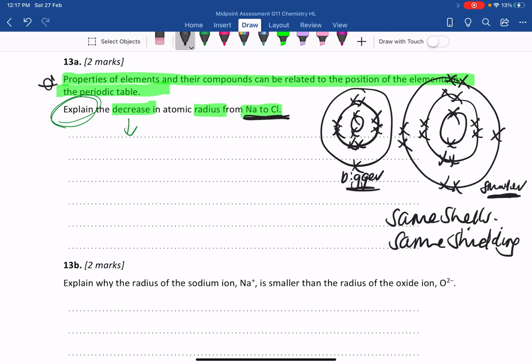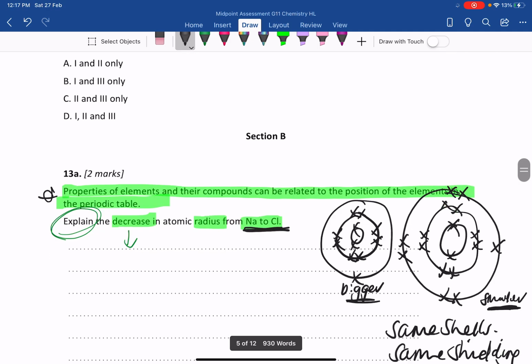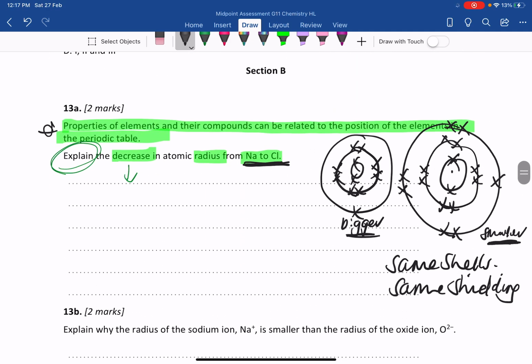So remember, what happens is the nucleus at the center pulls the electrons in. There is attraction between the nucleus and the outer shell, the outer shell for both of them being the exact same shell. So the only difference here that would increase the attraction is if I have an increase in the number of protons in the nucleus.